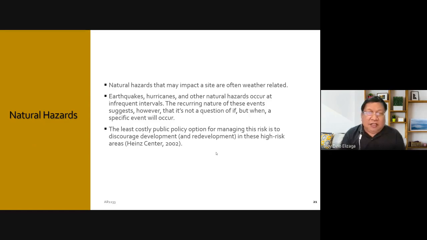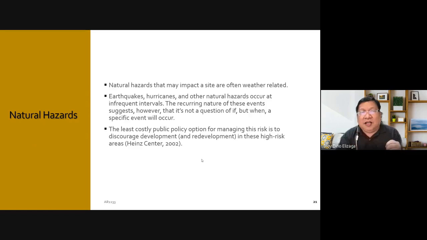So the least costly public policy option for managing this risk is to discourage development and redevelopment in high risk areas. All the LGUs are mandated to have hazard maps.